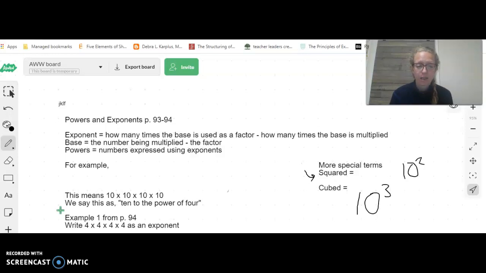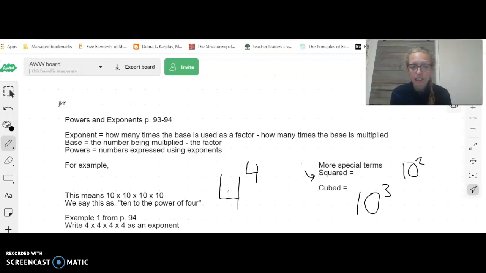Sorry about that, guys. But we'll keep working with it. So my 4 is my number that's being multiplied. How many times is it being multiplied? 4 times. So if I write it as an exponent, that's what it looks like. If I were to write it out as a product, I would go 4 times 4 times 4 times 4, and I would multiply those things.